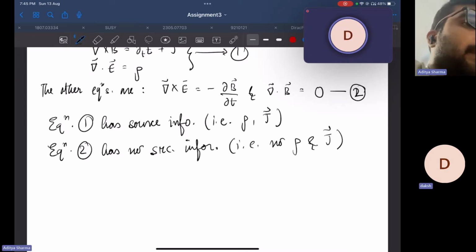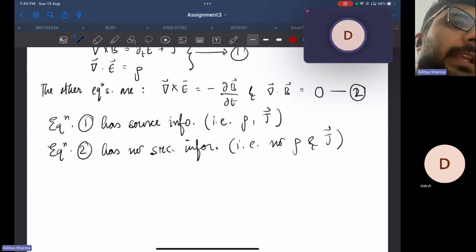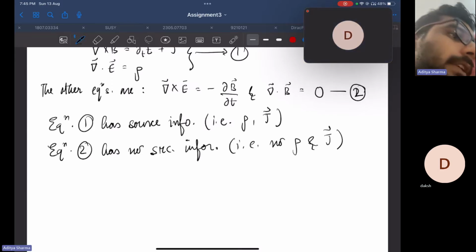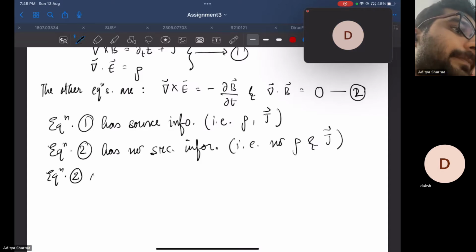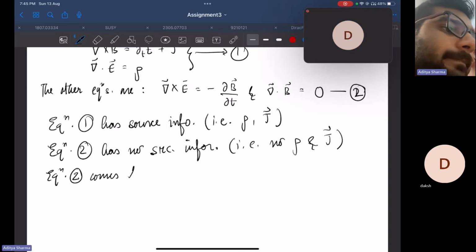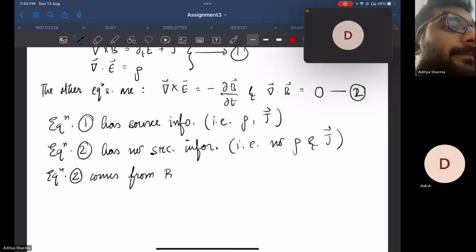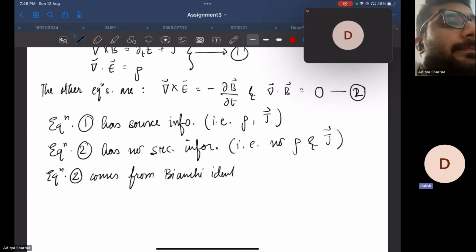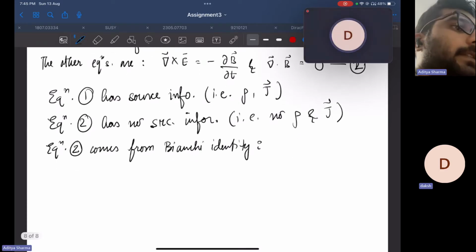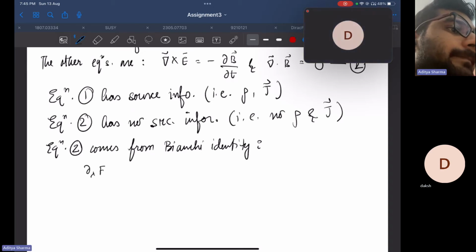Since this has no source information, this should be intrinsic to the tensor from which it is built. And these two, equation number 2, actually come from the Bianchi identity. Which is the identity? This.